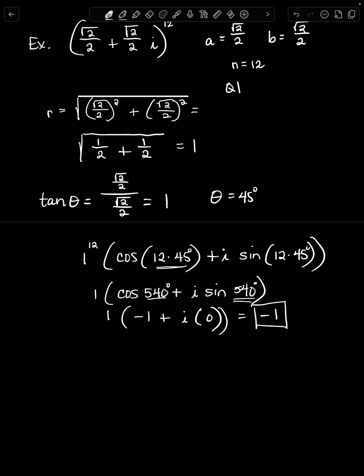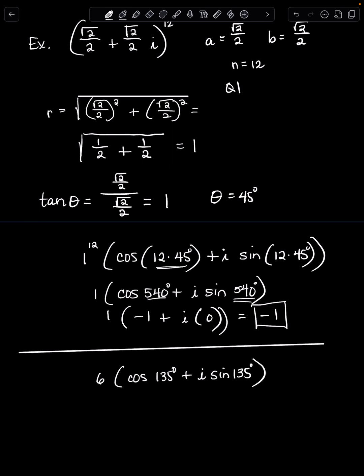If you end up with something, and I'm just going to make this up, let's say 6 on the outside times the cosine of 135 degrees plus I times the sine of 135 degrees. You have to evaluate this, and it doesn't want an approximation, so you're not going to be able to plug cosine of 135 degrees into your calculator. You know how to evaluate this and get an exact value.